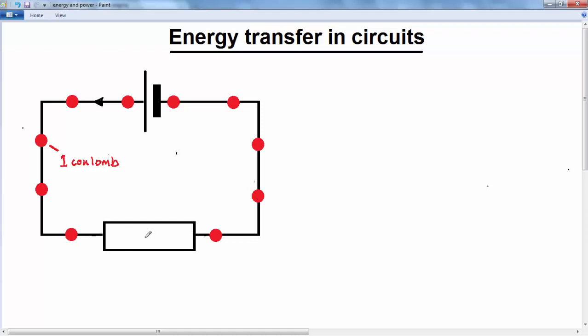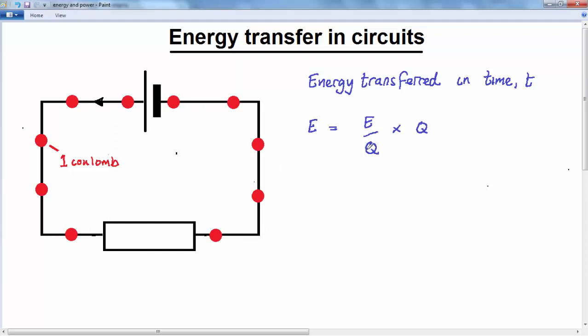So we can say that the energy transferred to the resistor in time t, seconds, is equal to the energy transferred by each coulomb as it passes through the resistance. That's the energy per unit charge multiplied by the total amount of charge that passes through the resistance.